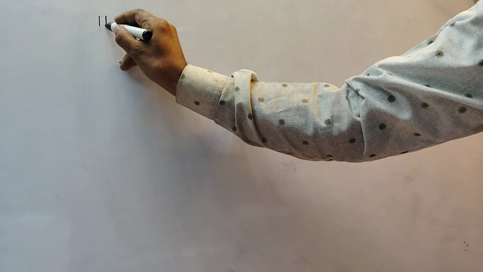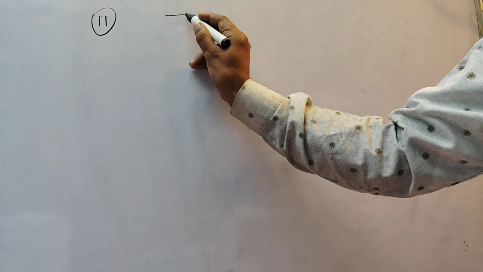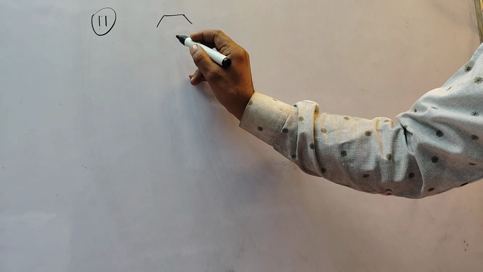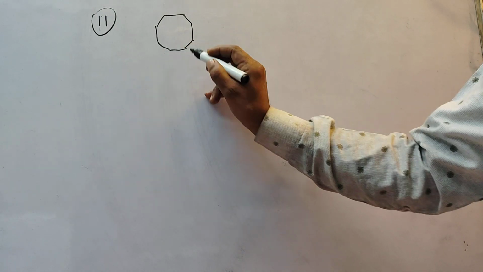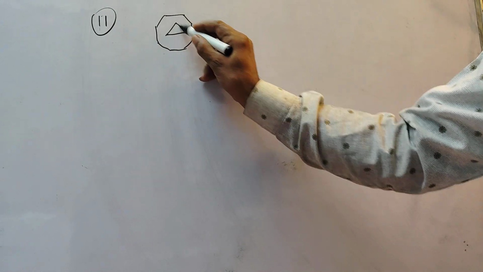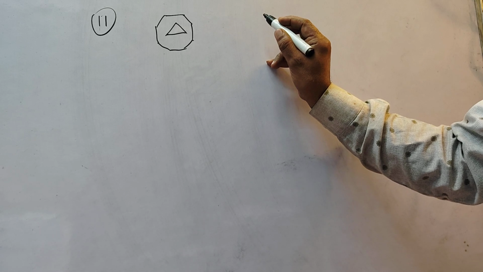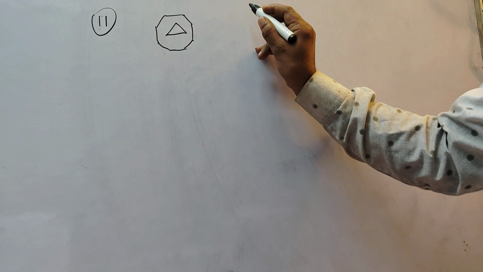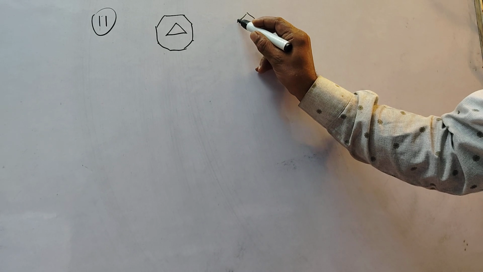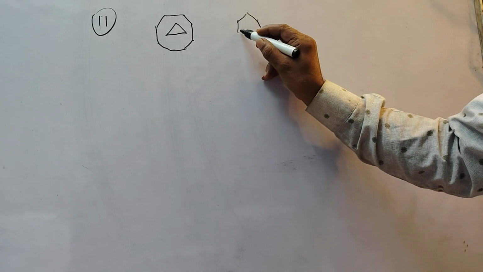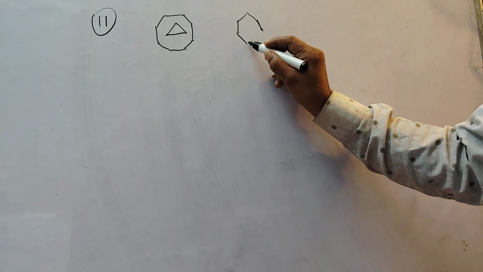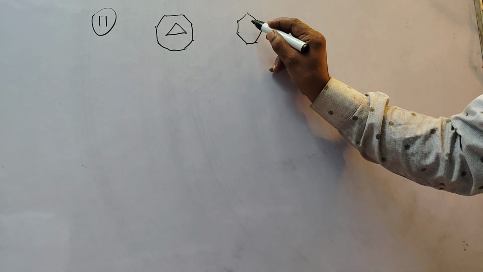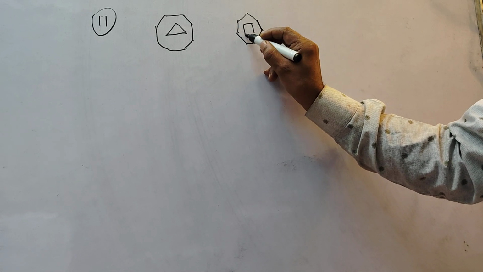Yeah. The 11th one is shape wise. The 11th question is shape wise. So there is the shape given, an octagon, an 8-sided figure. In the octagon there is a triangle. In the second there is a 7-sided figure and the middle one is a square.